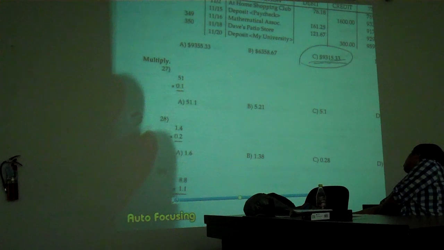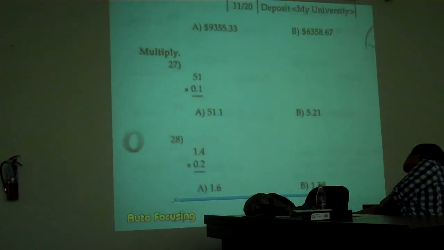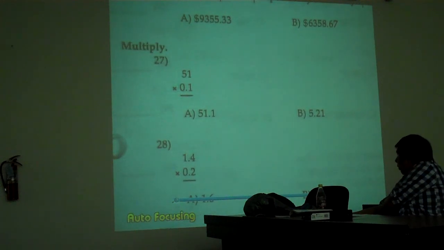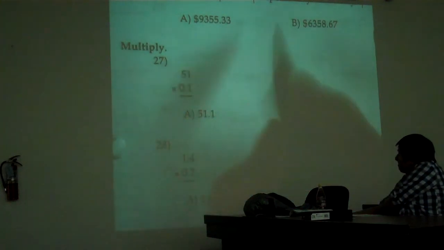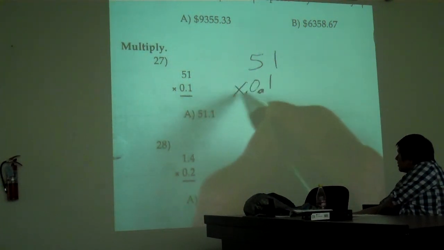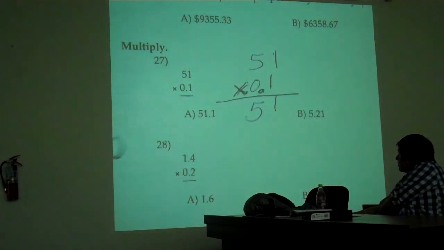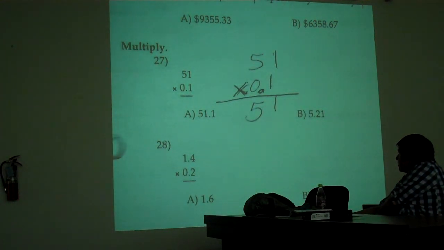Okay, now we have multiply. We have 51 times 0.1. So you know 1 times 51 is 51, and then put your decimal in there.